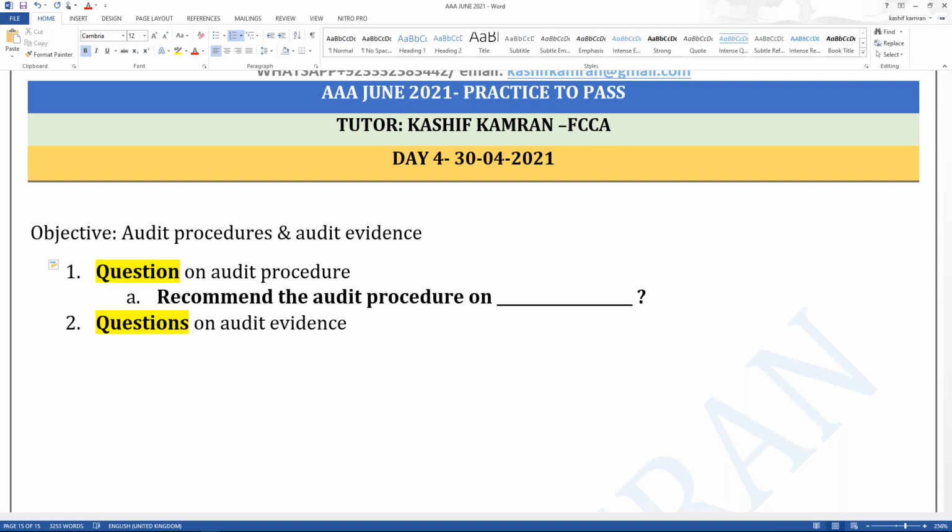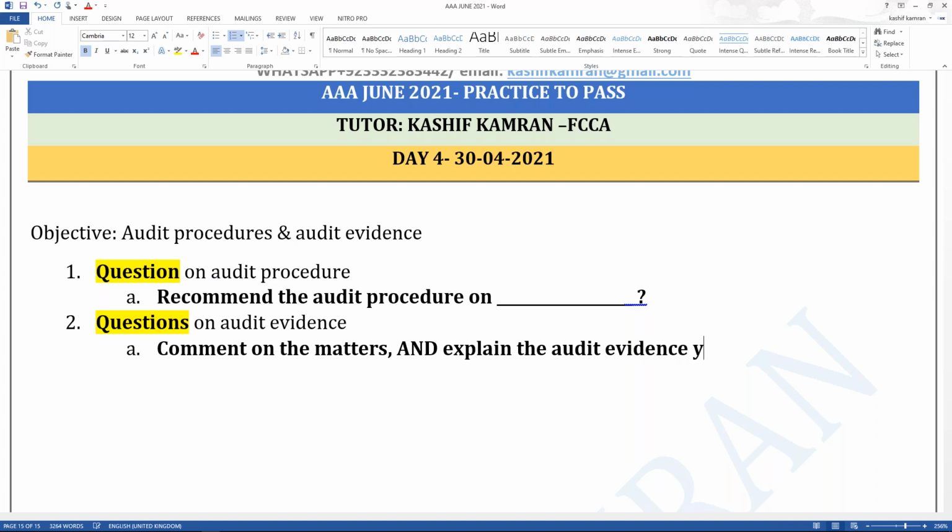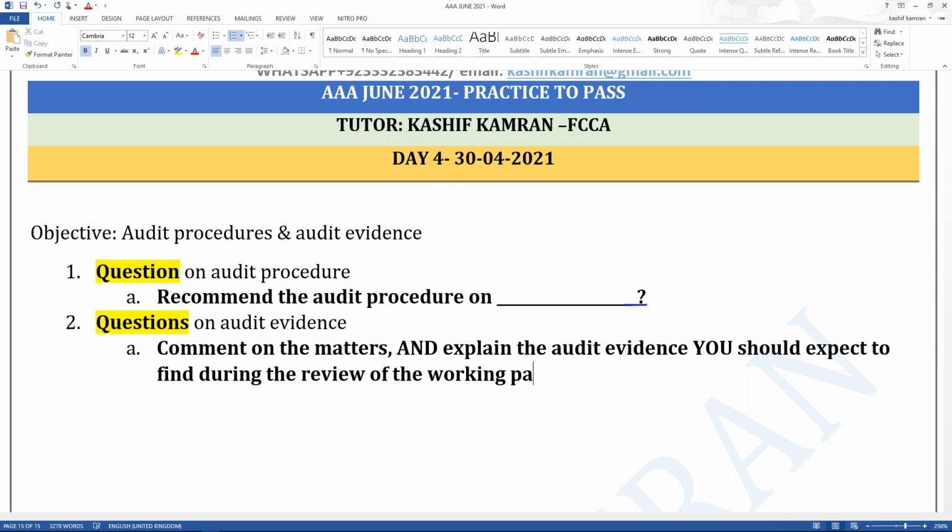But when you look at a question on evidence, there are 2 types of questions which come in the past paper. Number 1, either the examiner asks you to comment on the matters, and explain the audit evidence you should expect to find during the review of the working papers.